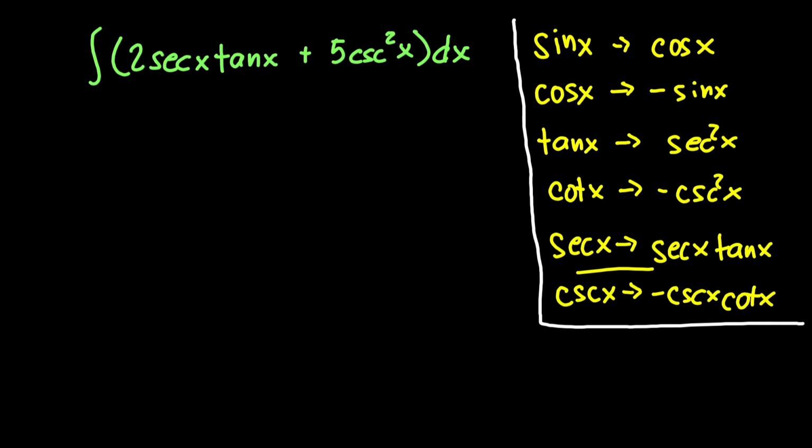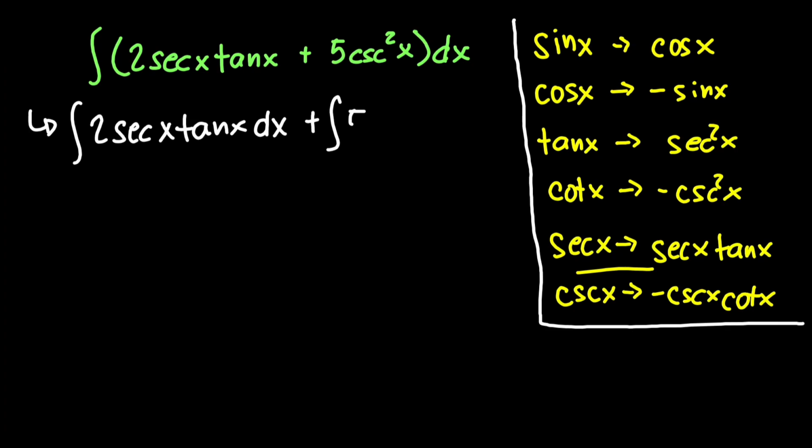Next up would be the integral of 2 secant x multiplied by tangent of x plus 5 cosecant squared of x, all dx. So, first up, split the integral into two parts. And the next step would be to put the constants outside the integral.